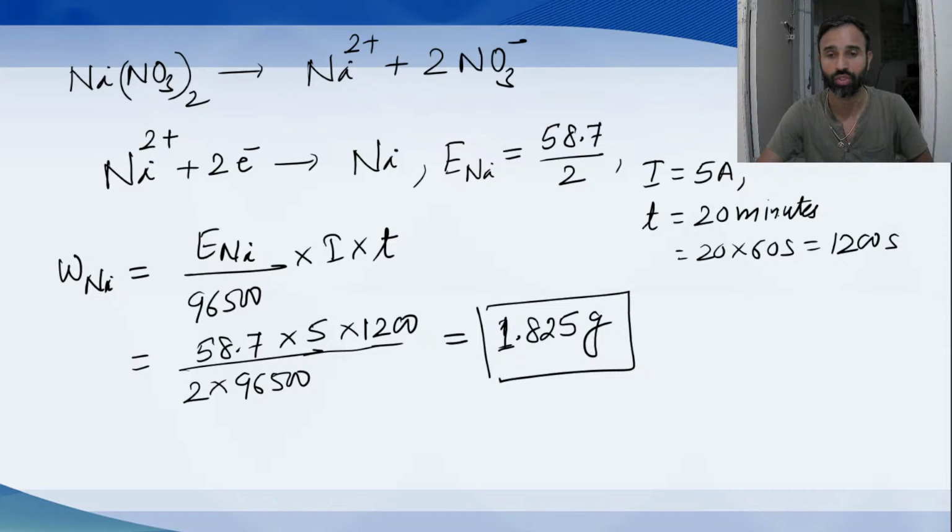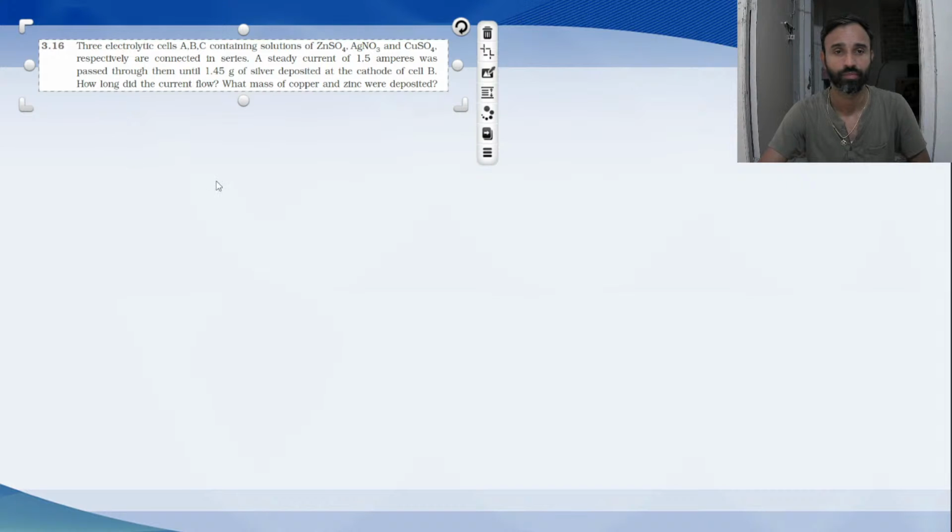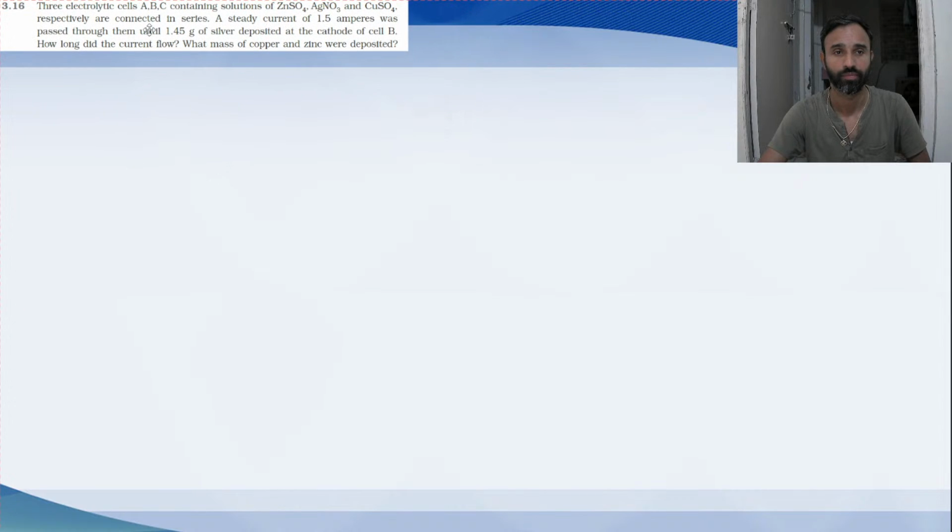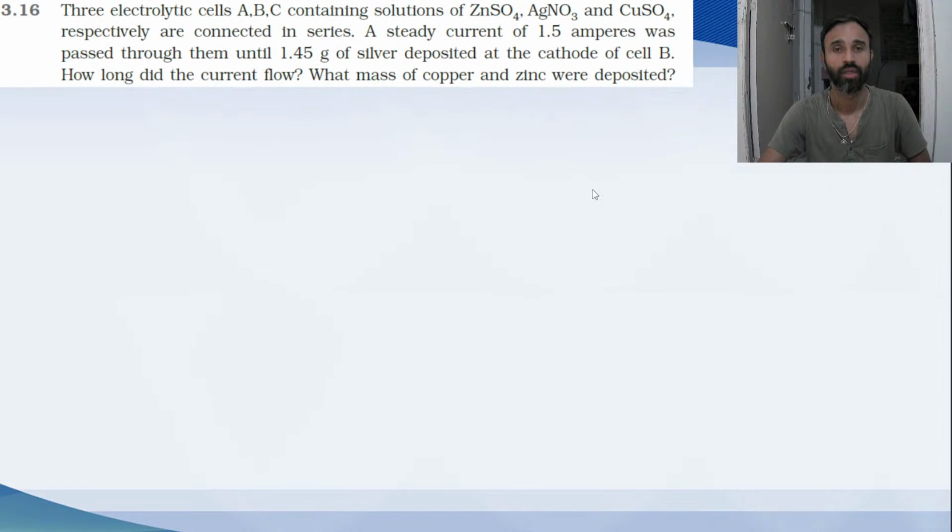Now next question, that is question number 16. The question is: 3 electrolytic cells A, B, C containing solutions of zinc sulfate, silver nitrate and copper sulfate are connected in series.